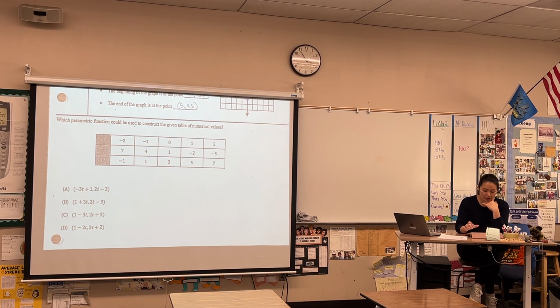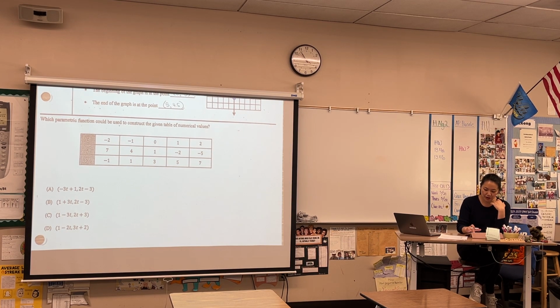Because it's linear, I'll start with the x. I can go ahead and just find the slope. Here, see -3, -3, -3, -3. So that has a slope of -3. And I could also find my y-intercept right here.